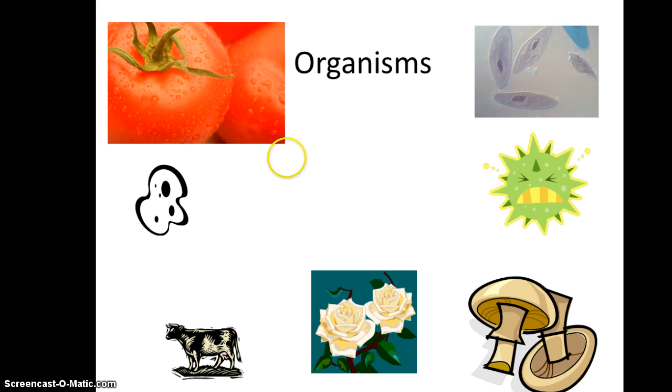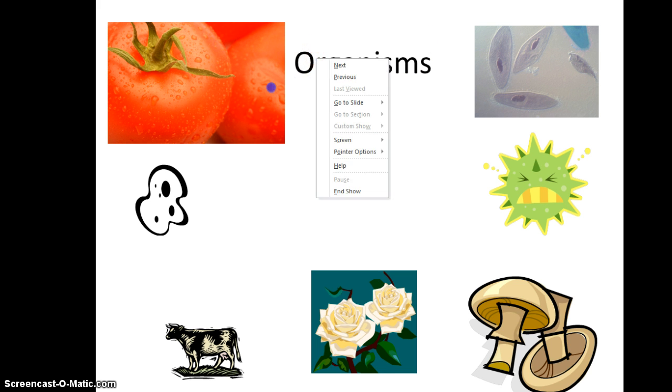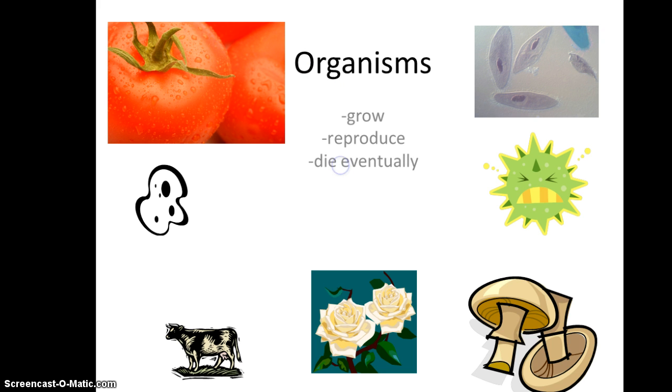So from tomatoes to paramecium to bacteria to flowers, all of these organisms share something in common, as diverse as they are. All organisms grow, reproduce, die eventually, need energy, they take in nutrients. So all organisms, they get food in different ways, but they all do get food somehow.